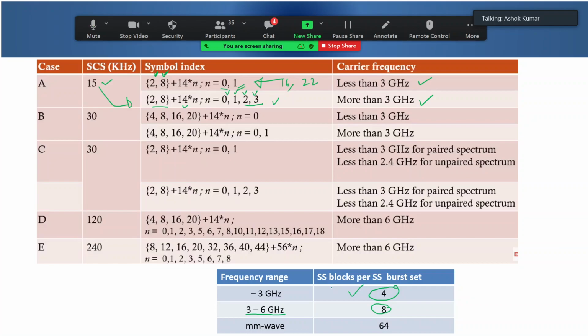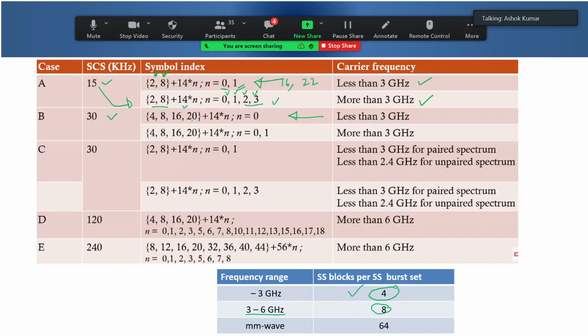And then similarly for 30 gigahertz frequency band, if it is being used for less than 3 gigahertz, then I have 1, 2, 3, 4 number of SS block. So again, less than 3 gigahertz, I have 4 number of SS blocks.